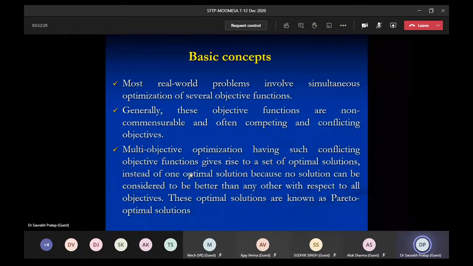At that time the driver opts for the smallest route, but he is getting more money. So he travels the minimum distance but earns the maximum amount. You can easily understand the conflicting nature of the scenario.